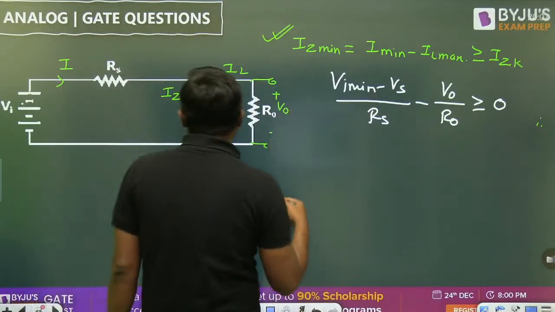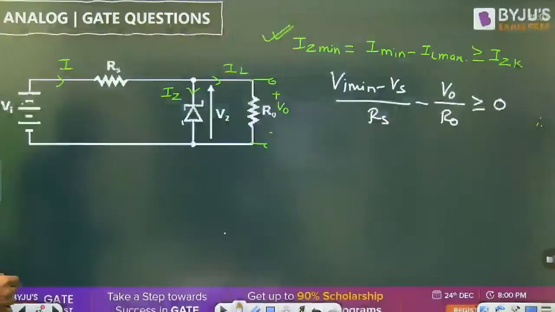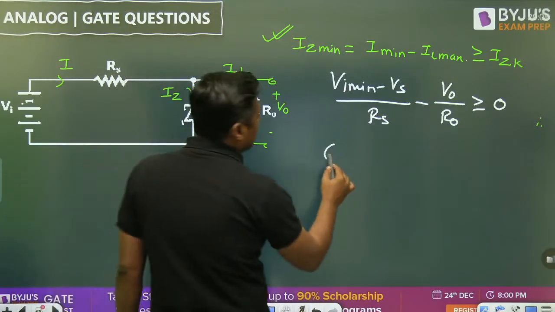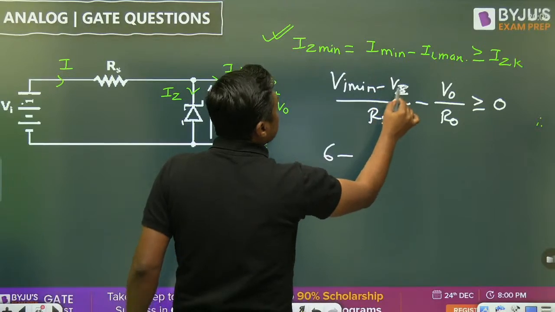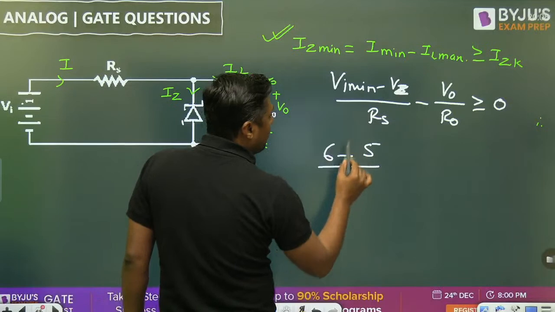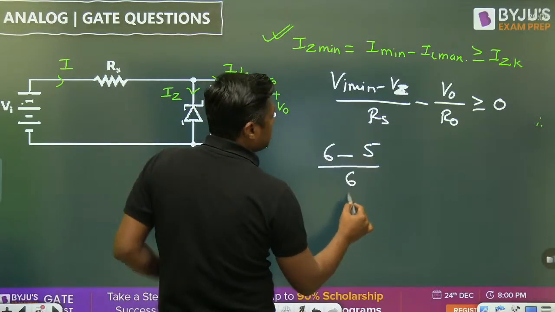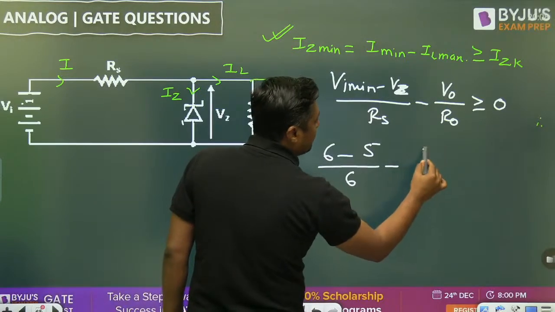What is the minimum value of VI? The range of VI is 6 to 8, so it will become 6. VZ is 5, RS is 6, minus V0, which is nothing but VZ, 5.